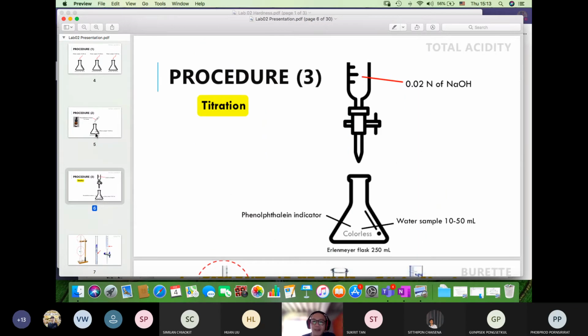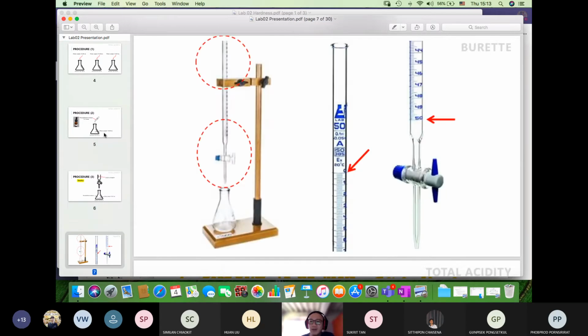Okay, another thing which is very important: reading the burette scale. So the burette that we use in the labs, at the top you will find the scale 0, and at the lower part you will find scale 50.